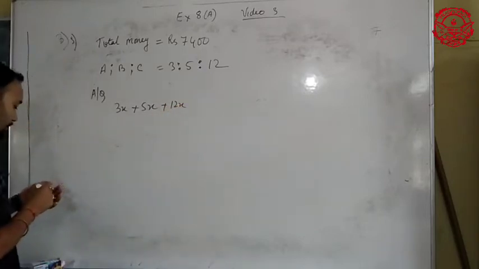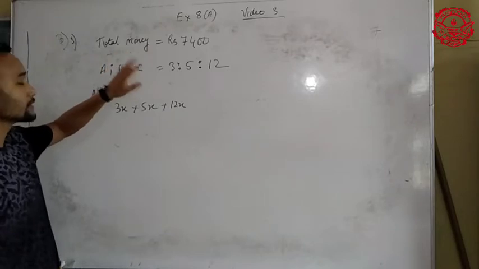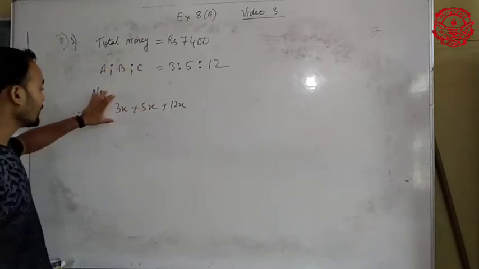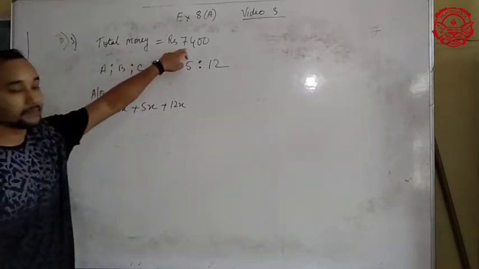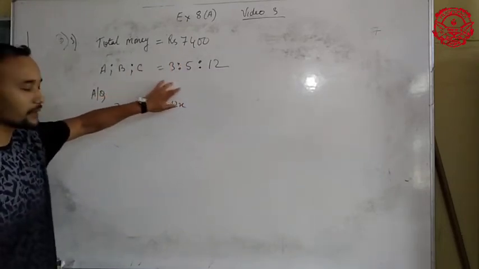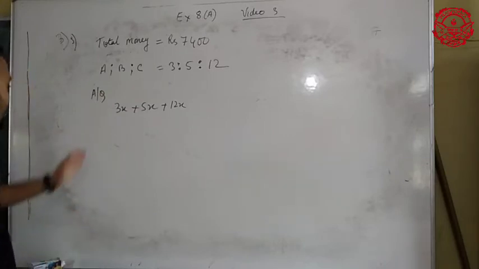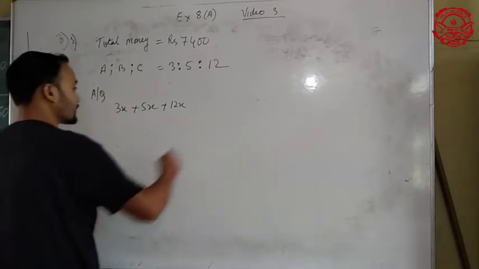If you add all the parts of A, B, and C, then we will get the entire money. This is a new method. I think you are aware of this one, we have learned it in linear equations. You can apply this or you can go with the other.